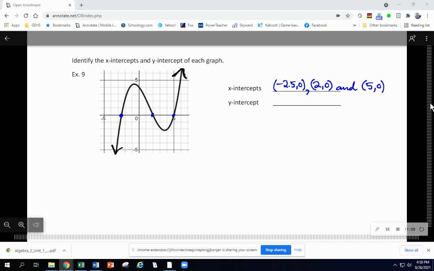It'll be handy to point this out. We have a 0 for the y when you're finding the x-intercept. Now, in the other direction, it crosses the y-axis at 0, 4. And so there's the y-intercept, the lone y-intercept. And you'll notice that when you have the y-intercept, the x is equal to 0. When you have the x-intercept, the y's are equal to 0.